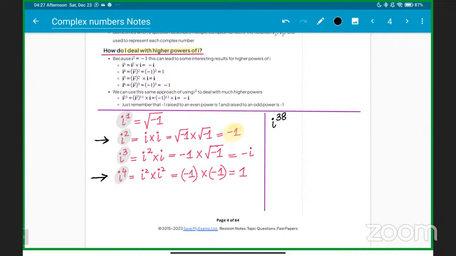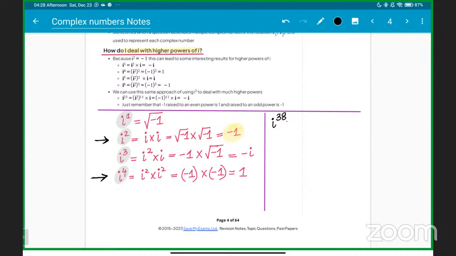So the first step is you will identify whether it's an even number or an odd number. Either i square is the answer or i power 4 is the answer.